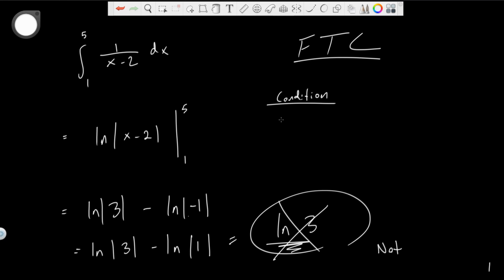And that condition is the function must be continuous. And on our interval 1 to 5, 1 over x minus 2 is not continuous. We have a discontinuity at 2. 2 is contained in the interval 1 to 5.